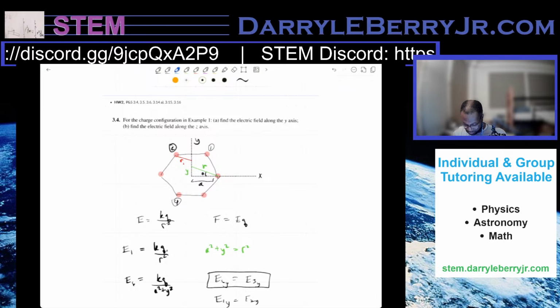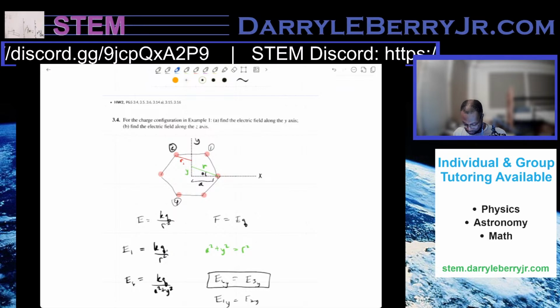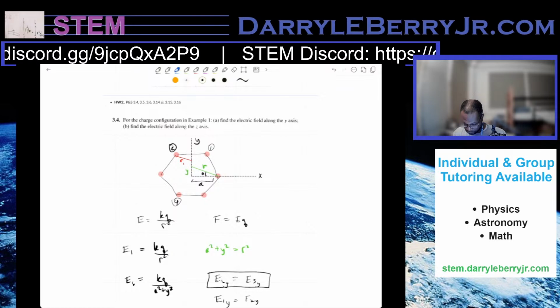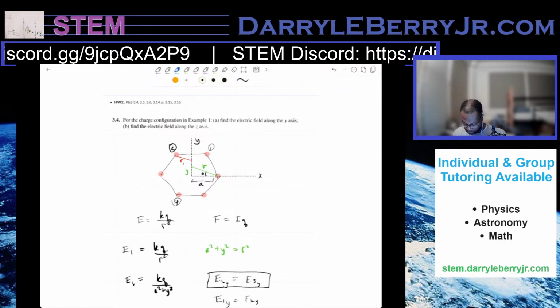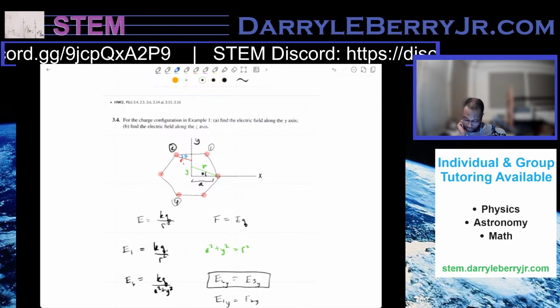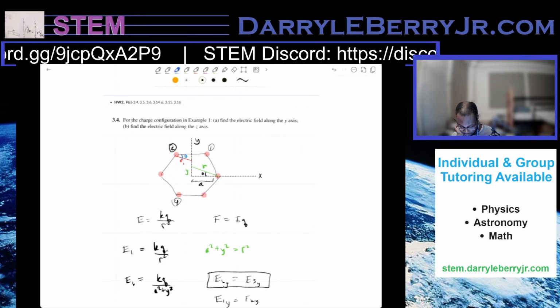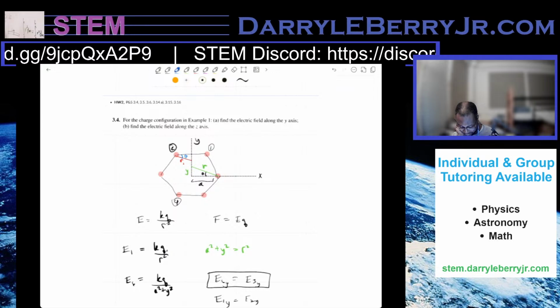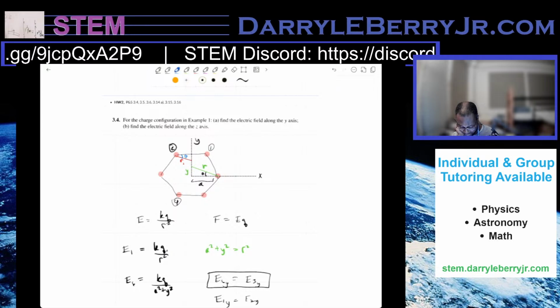Here, sine of 0 is 0. It would be theta. I think it'll be the same. Just the angle would be different.